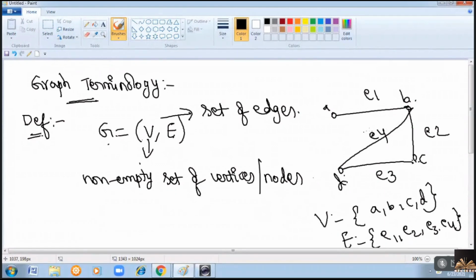Now suppose you have one more edge from A to B, call it E5, and suppose you have an edge at vertex D, let it be E6.